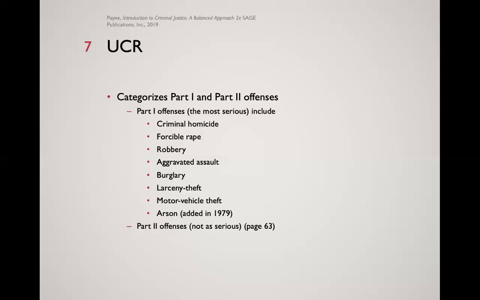So motor vehicle theft, by the way, is pretty self-explanatory here. However, once again, it is very important to know how these are defined. With these UCR Part 1 offenses, motor vehicle theft and attempted motor vehicle theft is still reported to the UCR.